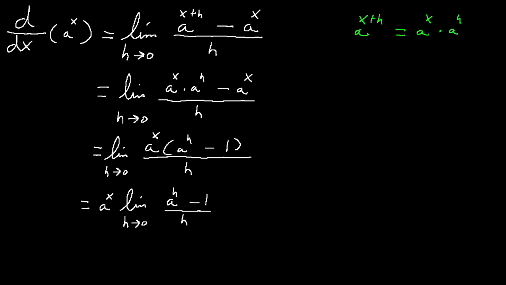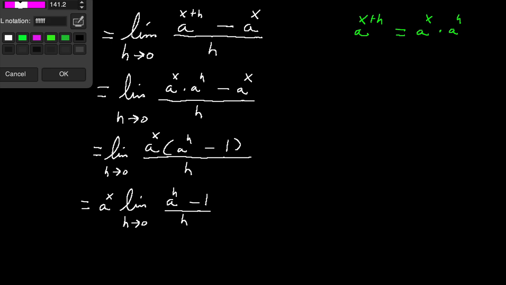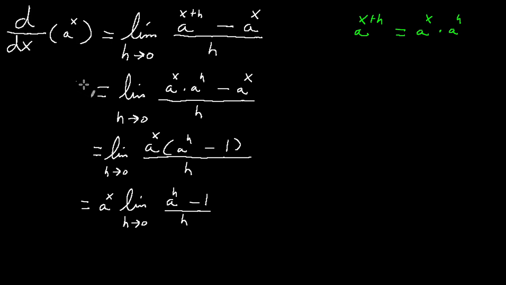Well, I don't know, but I think I'm going to try another very weird algebra trick and see if it helps. So I'm going to say, technically, a to the h is the same thing as e to the h times the natural log of a.